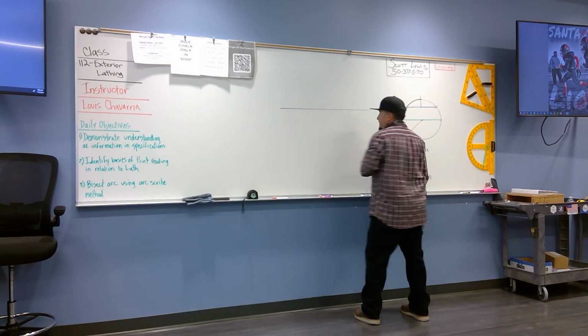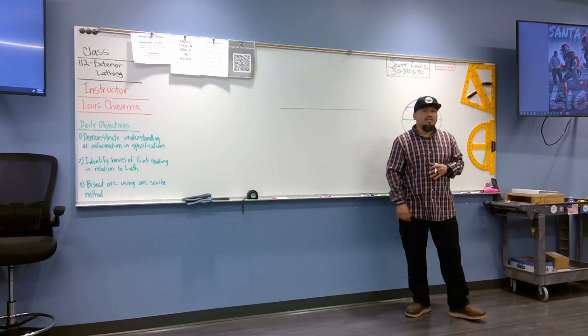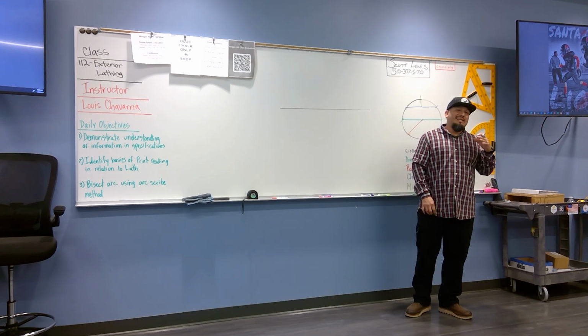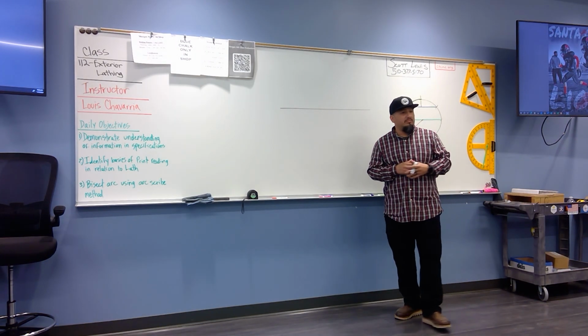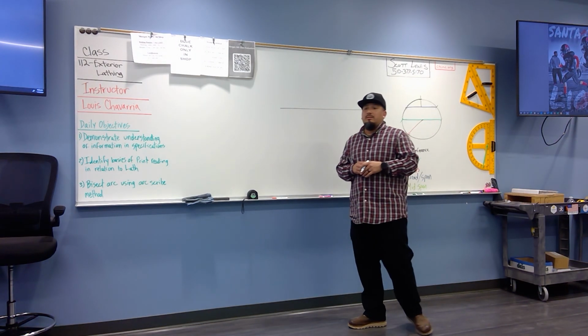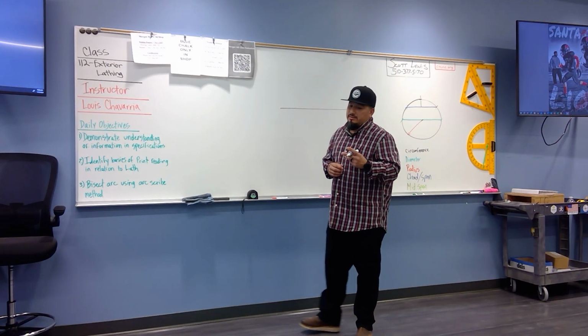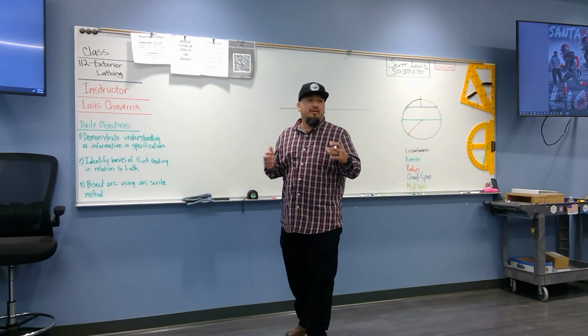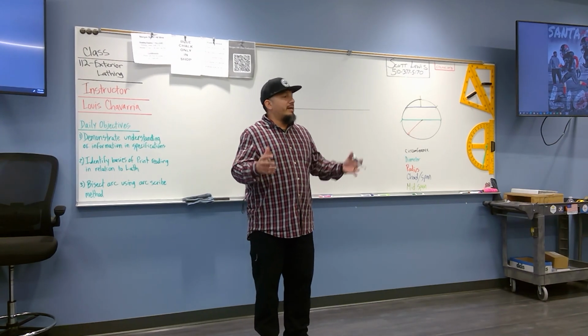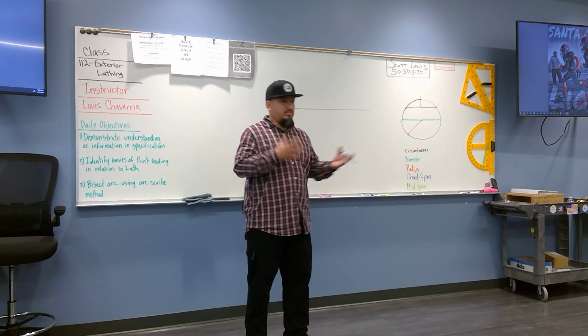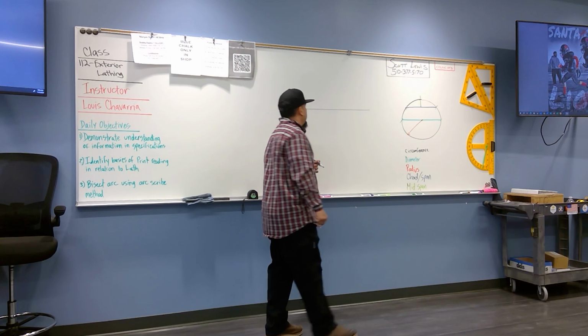Okay, so now, talking about the bisecting process. When we're bisecting, typically on the plans, the architect is going to give us two out of three things: the span, the rise, or the radius. He's going to give us some combination of those.